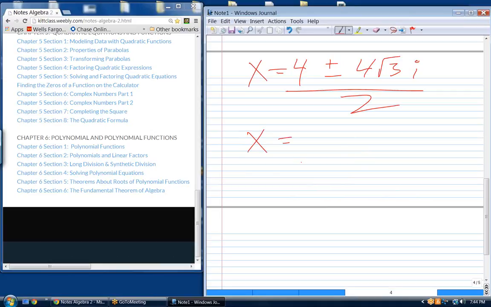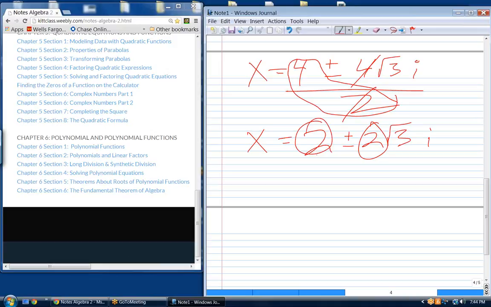2 plus or minus 2 root 3 over 2. No. In other words, this 4 and the 2 become 2, just like this 4 and that 2 became 2. In other words, I'm splitting it up into two fractions, essentially.